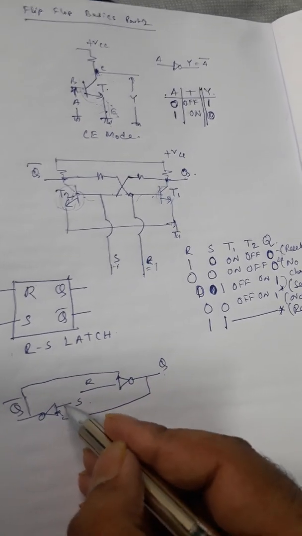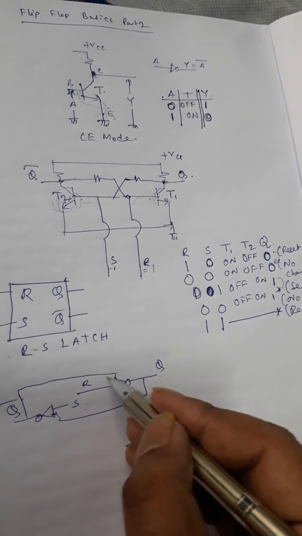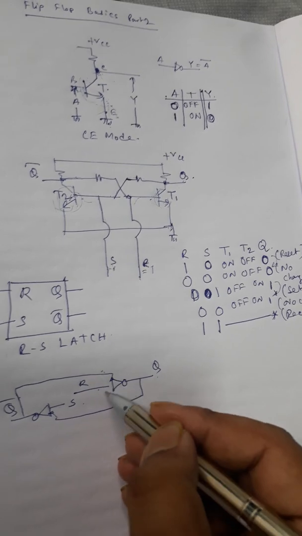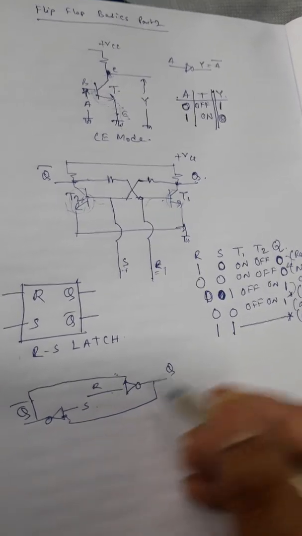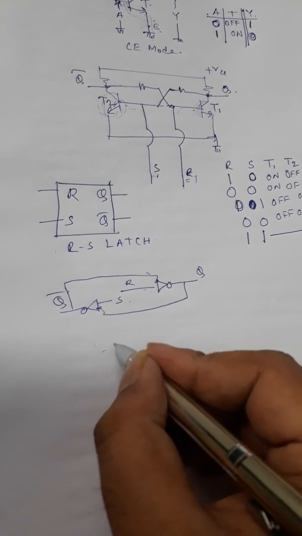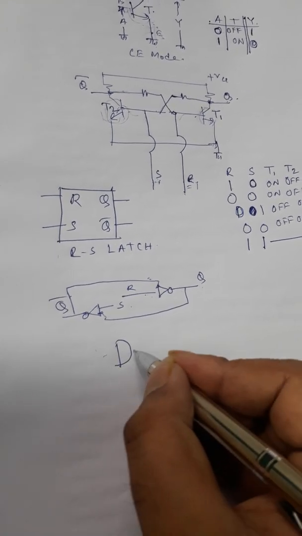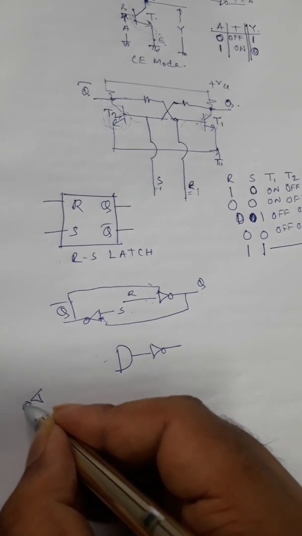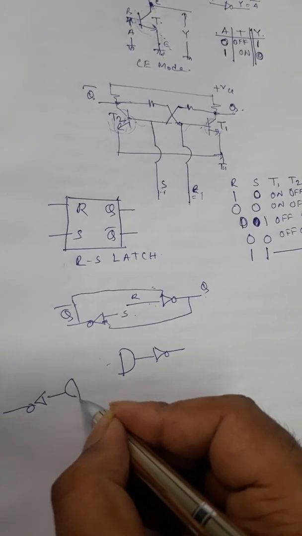Now see, a NOT gate cannot have two inputs. This is one and this is the other. So what we need to do is to either AND or OR the inputs. So we place an AND here, and in this case also we place an AND here.